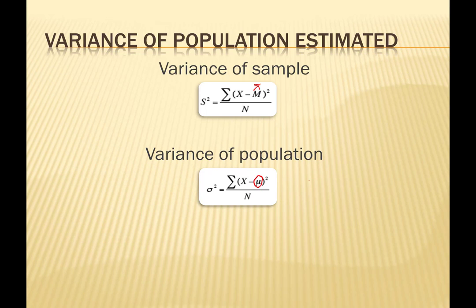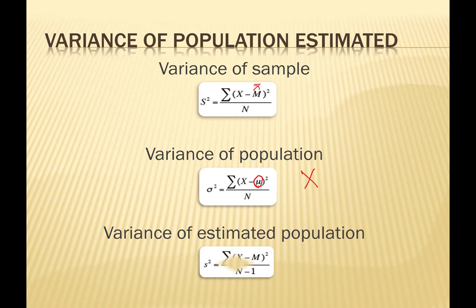So unless we study the entire population, we wouldn't know how to calculate the variance of the population, because oftentimes this mu is unknown. So the variance of the population is something that we normally cannot calculate. So the next best thing would be to estimate it, right? And we estimate the variance of the population using the sample data. And we call that the variance of the estimated population.